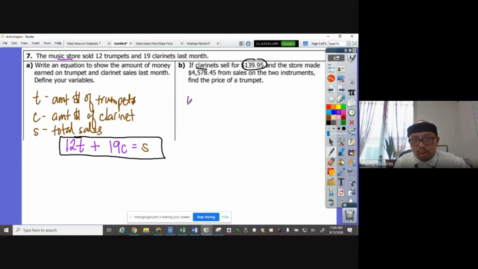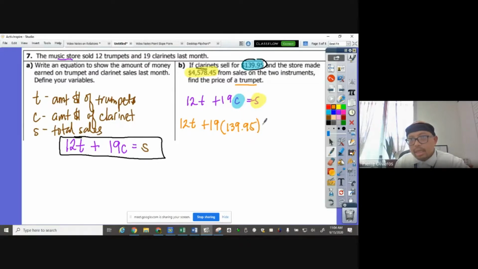So using our equation, 12T plus 19C is equal to S. In this scenario, we know that the total sales is $4,578.45, and we know that the clarinet is $139.95. We can find the price of a trumpet. So it will be now 12T plus 19 times 139.95 is equal to 4,578 dollars and 45 cents.